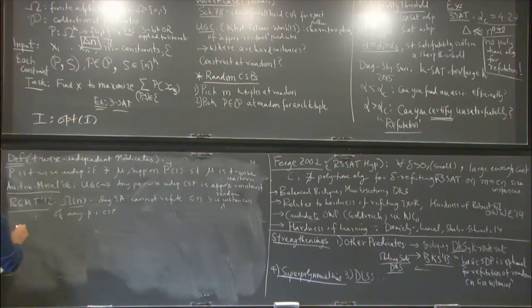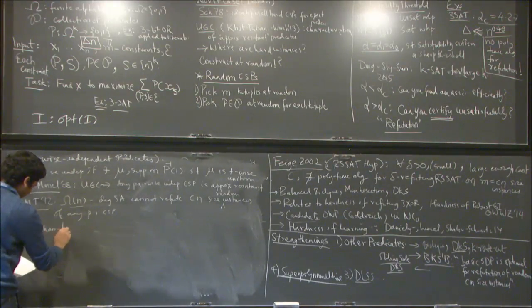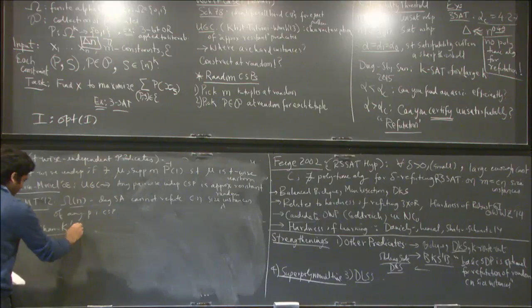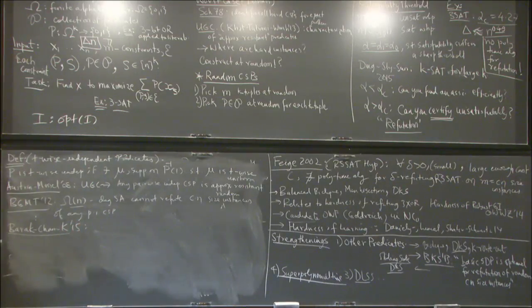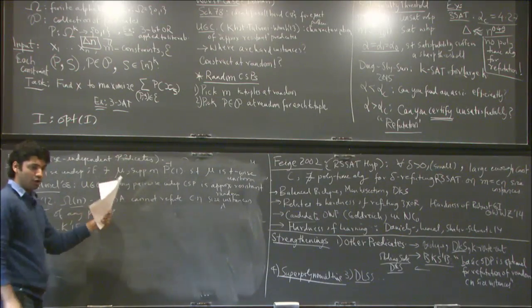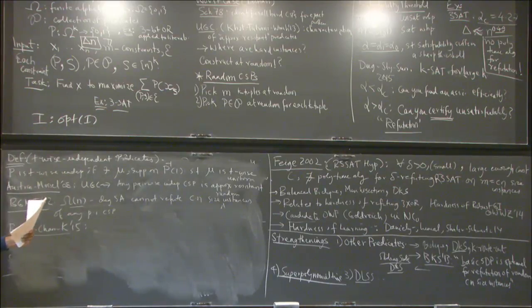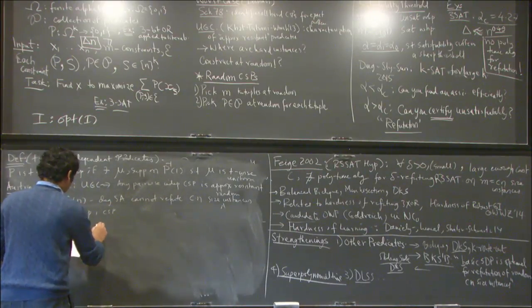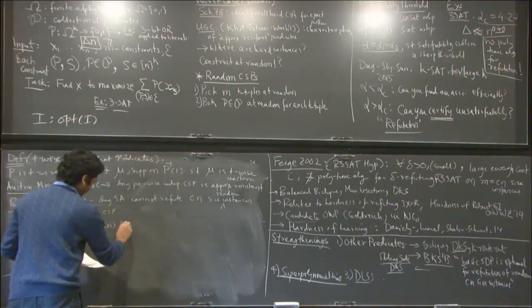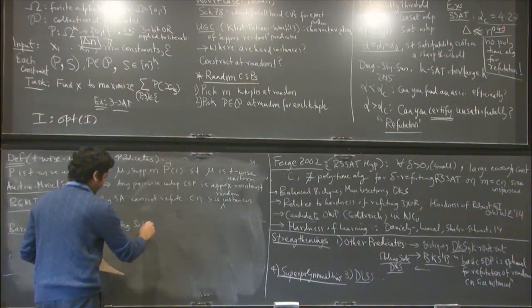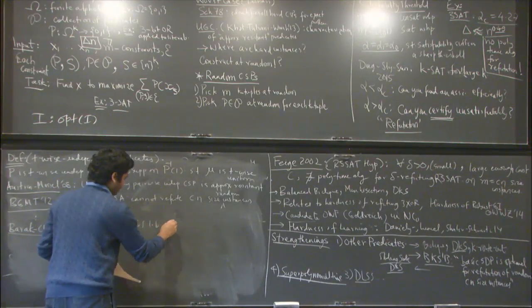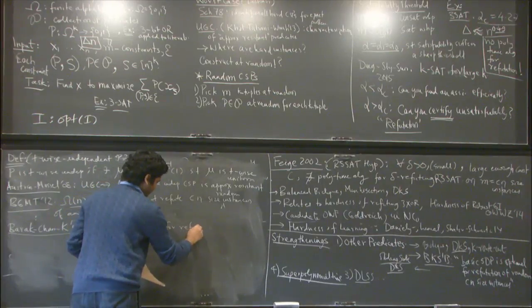The one result I want to state, because this talk closely relates to this paper, is from 2015, which is the analogous result for the sum of squares hierarchy. So it's an omega(n) degree sum of squares lower bound for refuting.